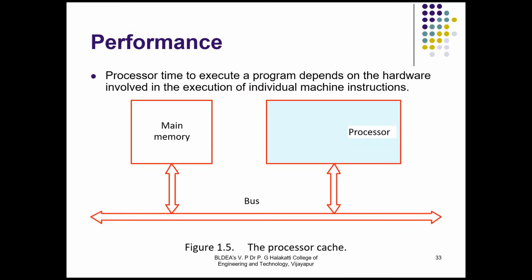I have tried to show you with the diagram the performance of the computer. The processor time to execute a program depends on the hardware involved in the execution of individual machine instructions. So that's why we have the main memory, the processor, and we are using the cache memory to enhance the performance.